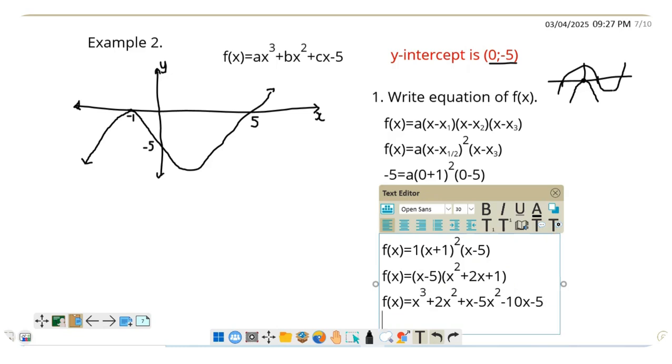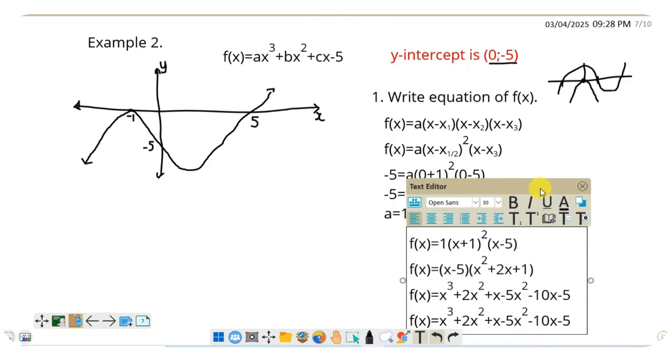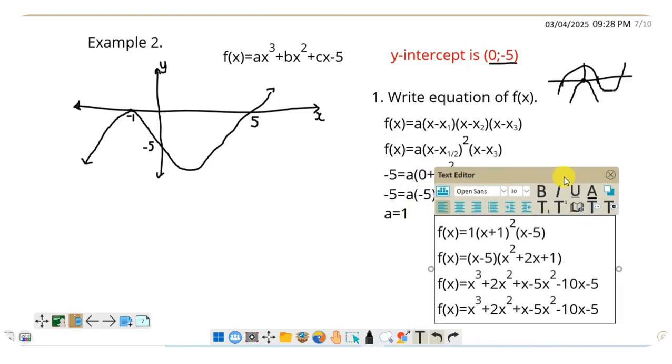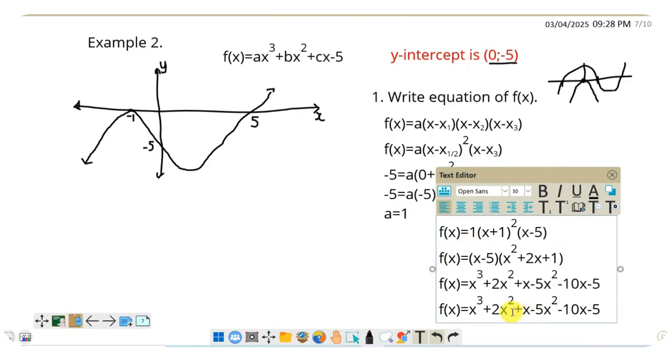Simplify here, group: f of x equals x cubed plus 2x squared minus 5x squared.